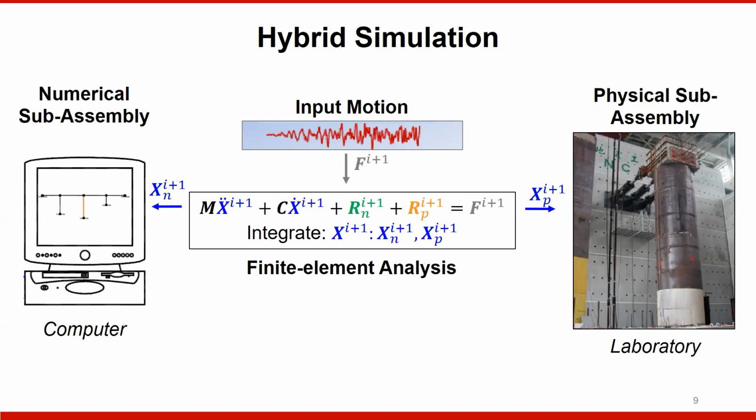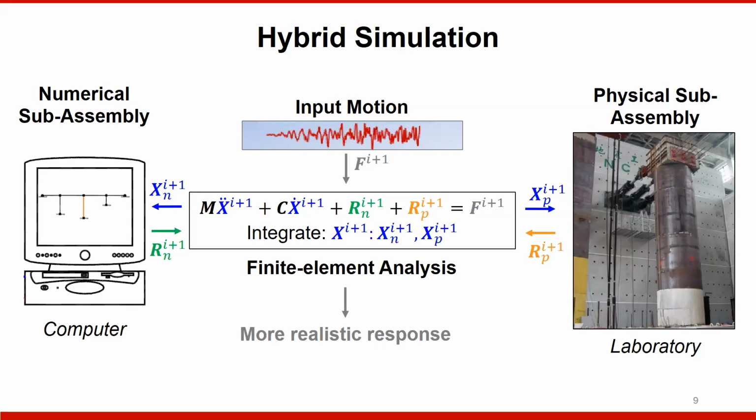And then you look at the force response in the numerical and physical models, put those back into your equation of motion, and then move on to the next time step. Combined, you have this numerical model and this physical model that give you more realistic response, because in this case, the figure on the right, you might not really know how to model that numerically.